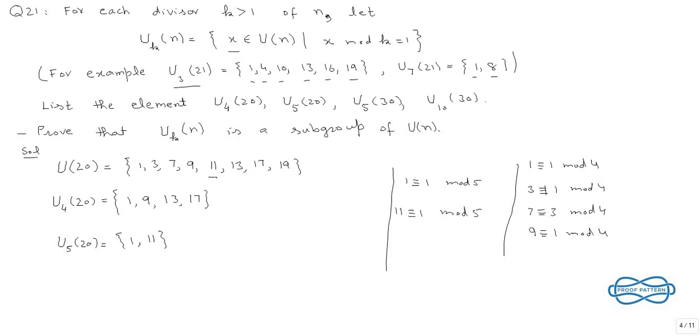Okay, we move to the unitary group under multiplication modulo 30, and this group consists of the elements 1, 7, 11, 13, 17, 19, 23 and 29.